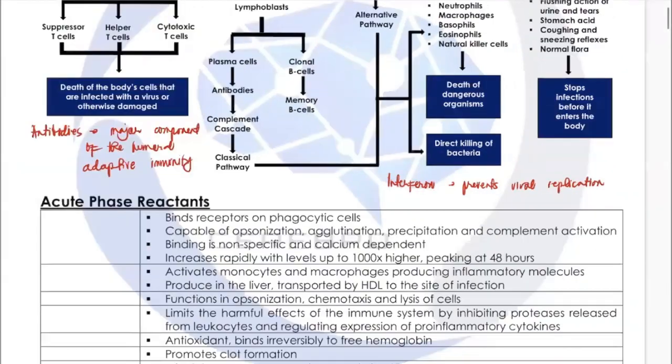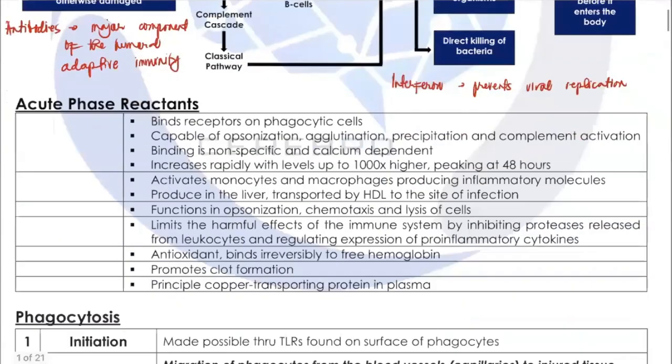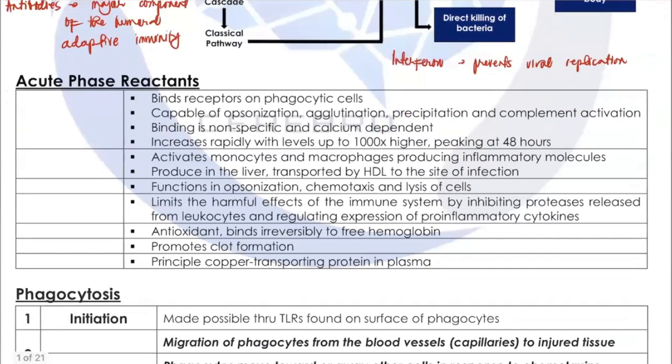Now, one of the important components also of our natural immunity are our acute phase reactants. So acute phase reactants, this is a humoral component of natural immunity.